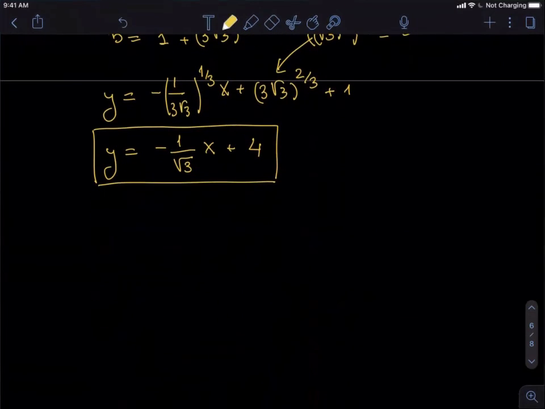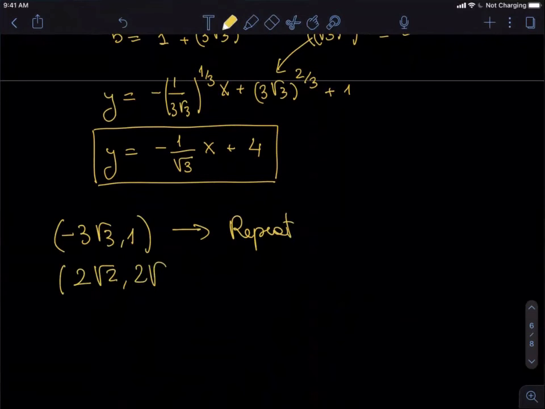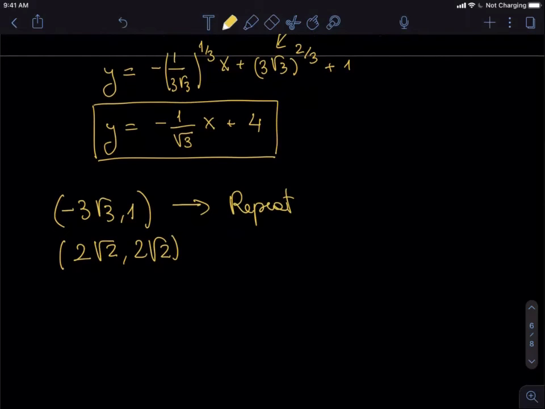Okay, for example, we could decide to do -3 square root of 3, 1. Okay, this would be another problem to try. We could also do 2 square root of 2, 2 square root of 2. In this case, the slope becomes very, very easy because it's -y divided by x to the power 1/3, but because the two components are equal, then this is, sorry, the minus is outside.